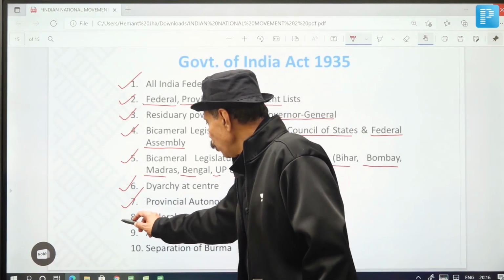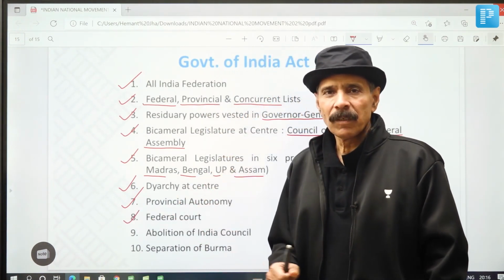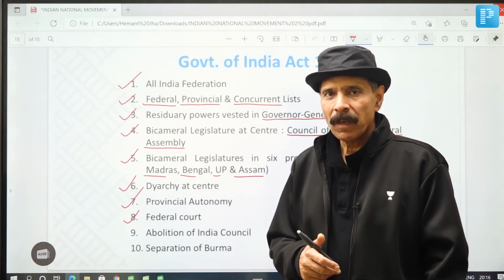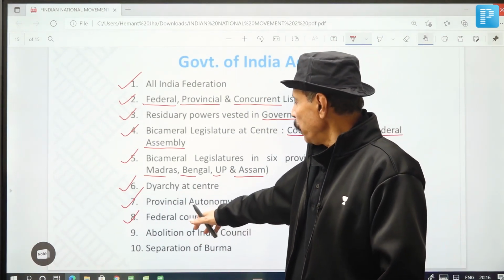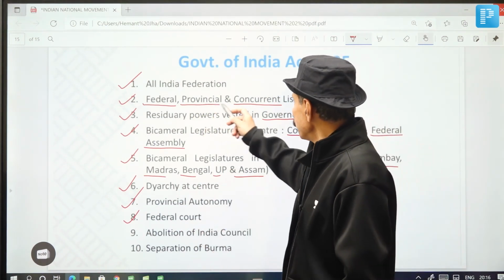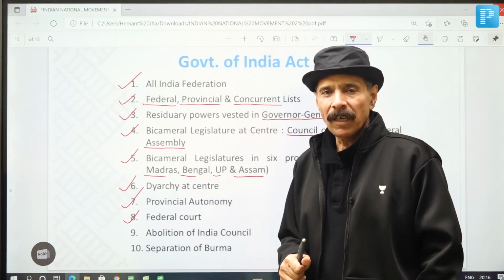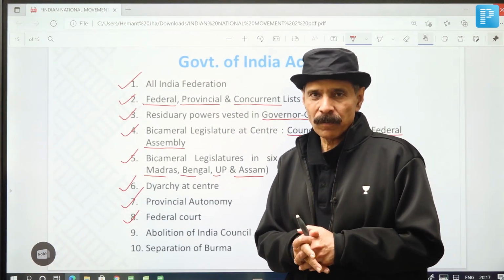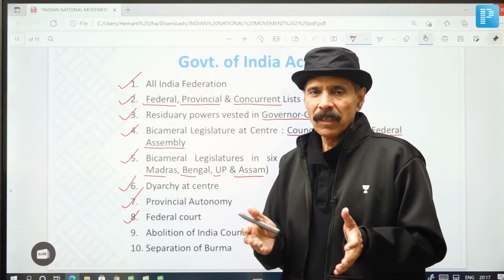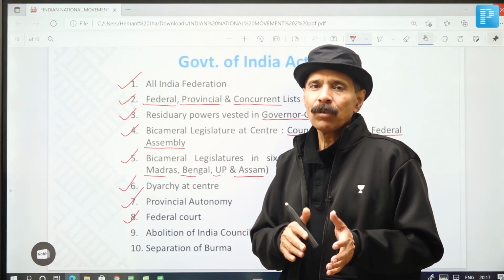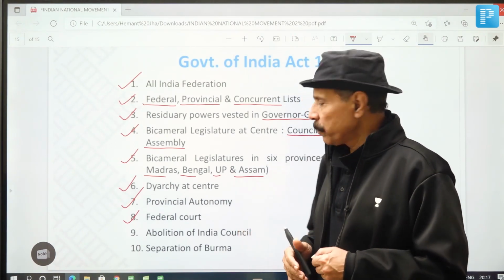Next is the federal court. There was a provision for a federal court and this was constituted also. This court was meant for interpretation of the federal, provincial and concurrent lists and adjudication of issues of conflict between the center and provinces, and also the native states.